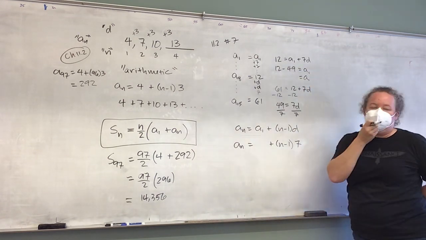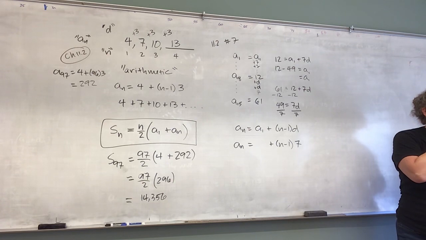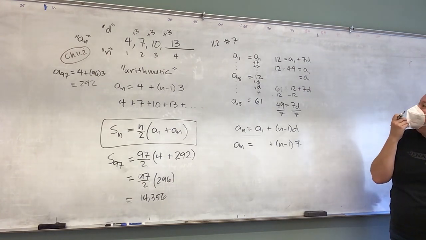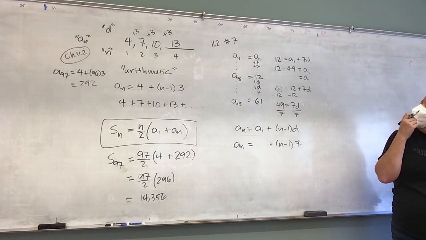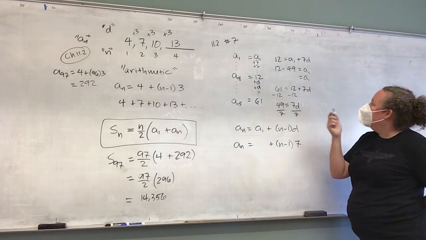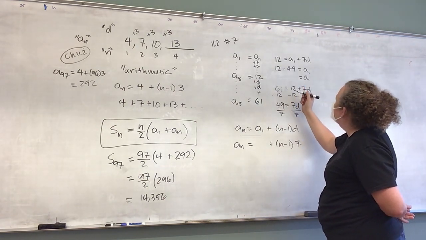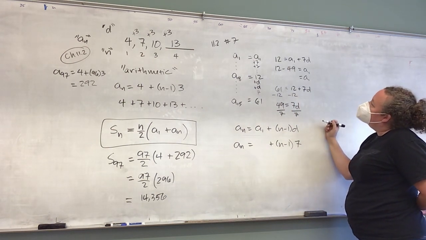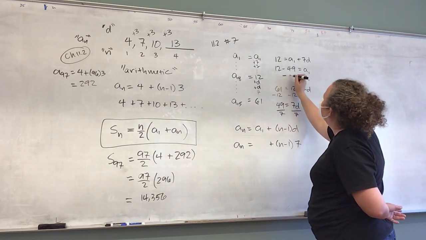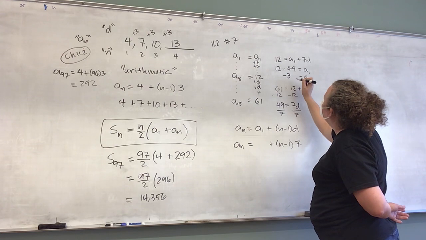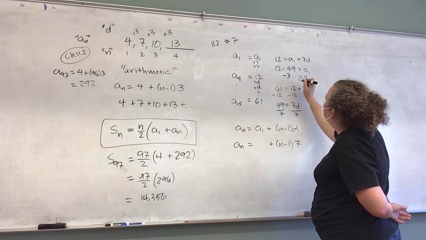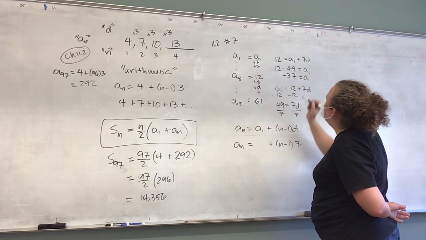And so what is A sub 1? I think it's going to be negative 37.